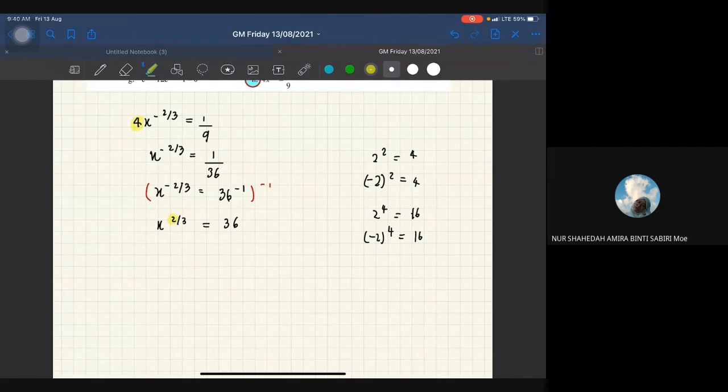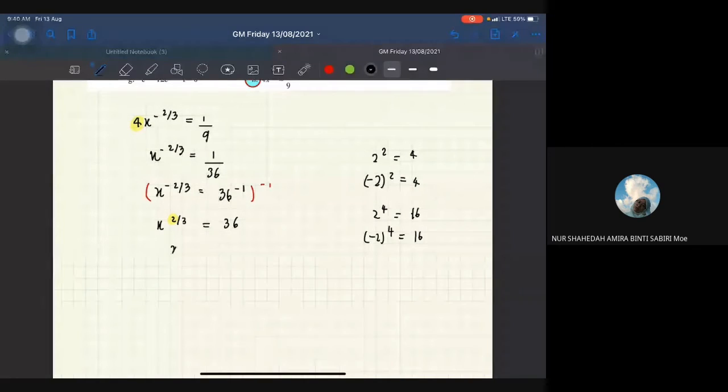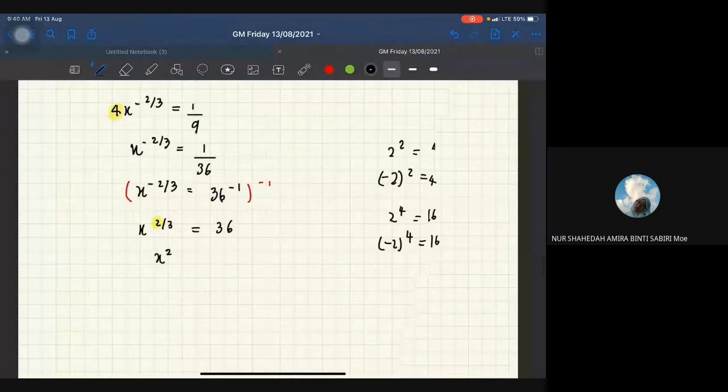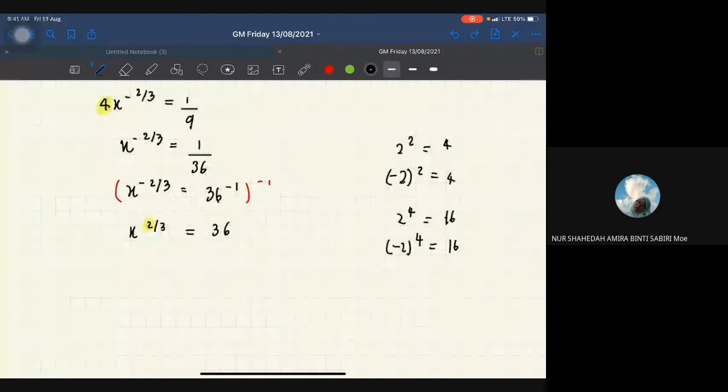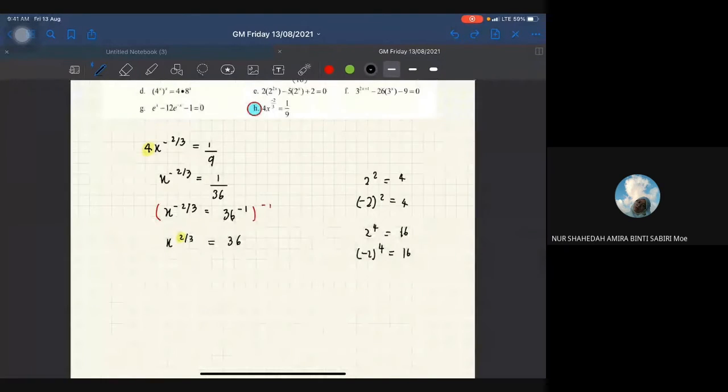Okay, so kalau tengok dekat sini, so you have x square. Saya nak tinggalkan x square tu dia sahaja. Saya tak nak ada 3. So maksudnya this one saya nak buang. Okay, so macam mana saya nak hilangkan dia adalah, I will multiply both sides dengan kuasa 3.